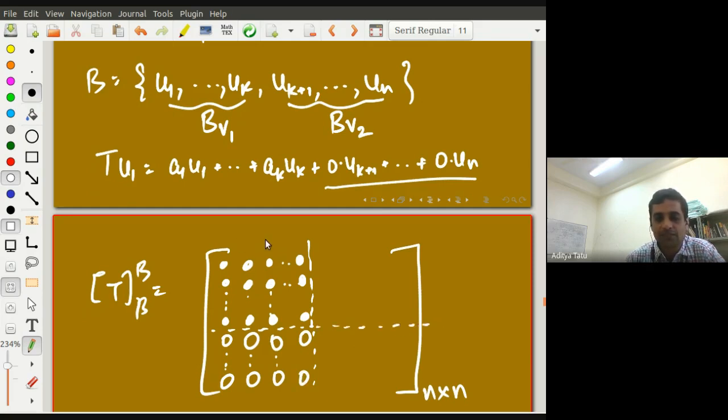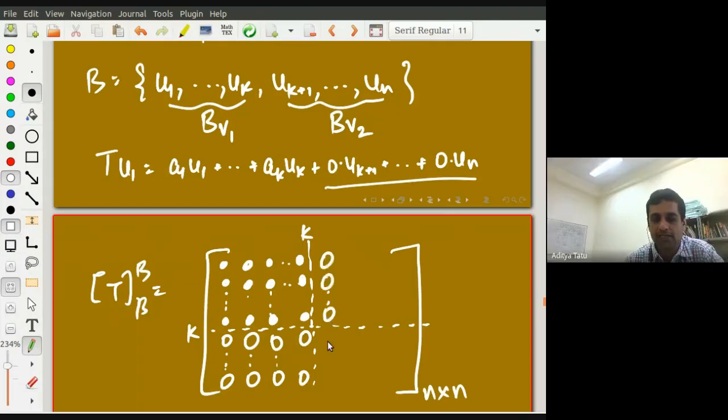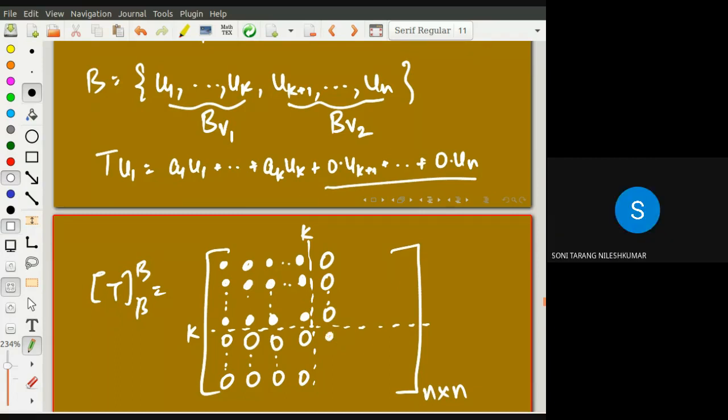This is for k columns and k rows. How about column k plus 1? Zeros, zeros, zeros, and then some constants, B1 to BK. Some constants.